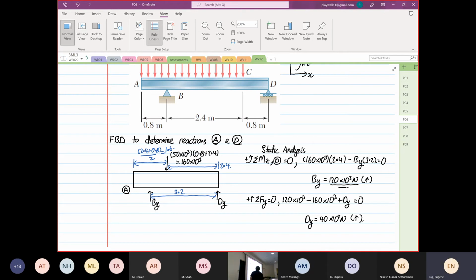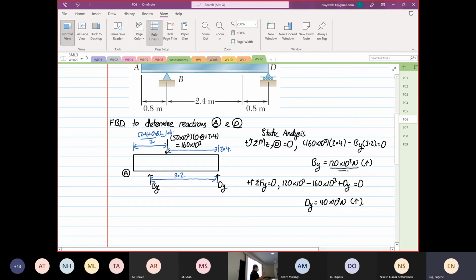So we find our reaction forces first. Next, we are going to construct a table. We are going to divide the beam into different points or different sections.